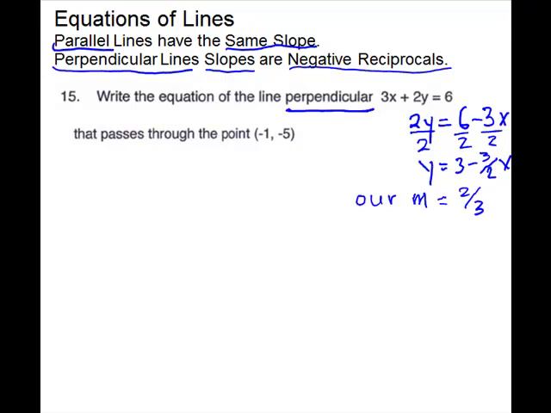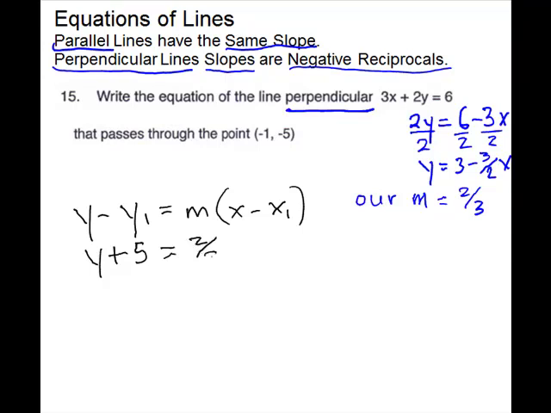So now we can write our line. Y minus y1 equals m times x minus x1. Right, we're going to do y minus a negative 5. So let's go ahead and just plug that in as plus 5. Our m is 2/3.